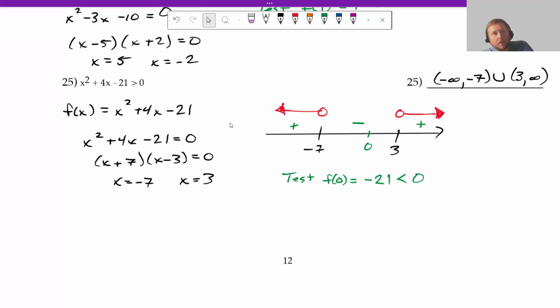If you're not sure what to do with these, just graph them and look at where the function is above and below. Where it's changing from being above the x-axis or below the x-axis are those x-intercepts.